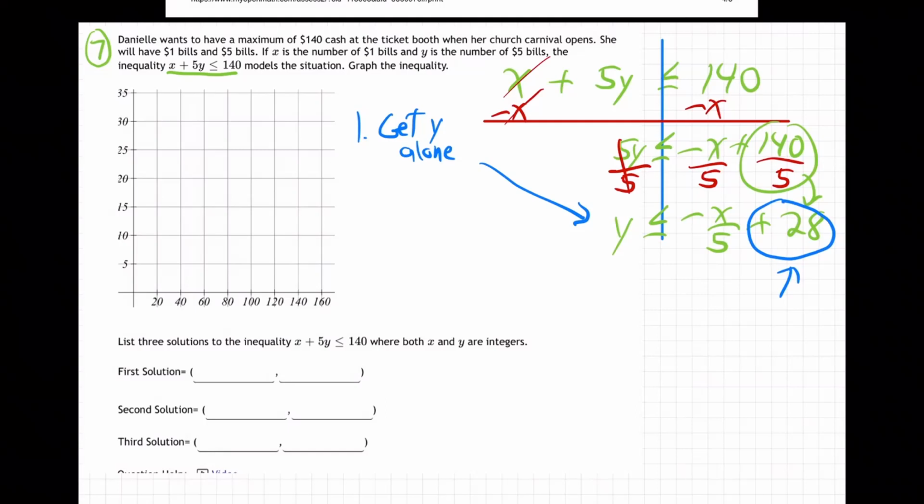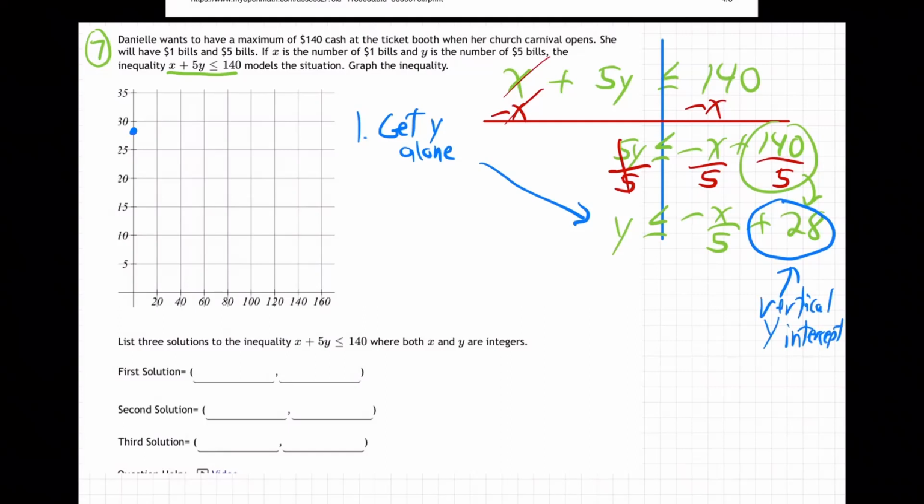Yeah, I think we can do it. So there's our vertical Y intercept at 28. So that's going to be right about there.